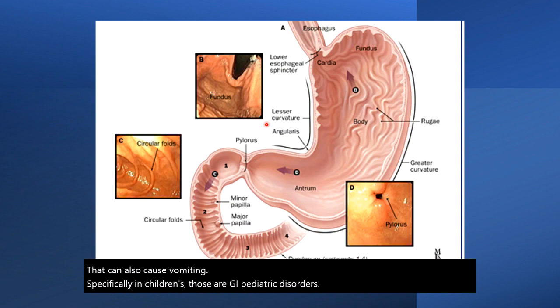In the presence of an ulcer located in the stomach or in the duodenum, peptic ulcer disease, it's correlated with an infection called Helicobacter pylori.